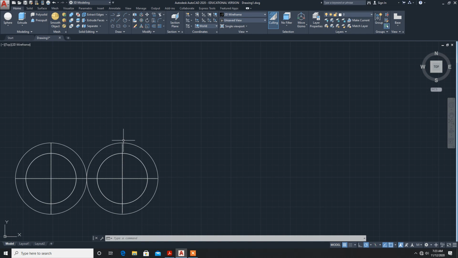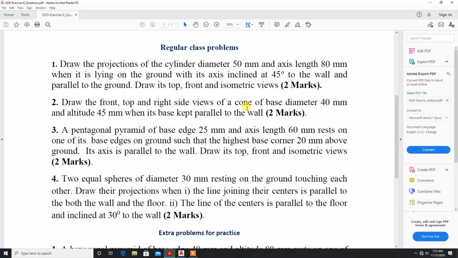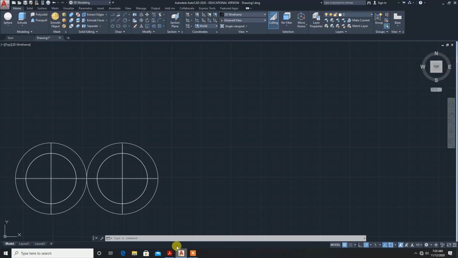Move is over. So both are joined. So first subdivision: the line joining the centers is parallel to both the wall and the floor. That is over.